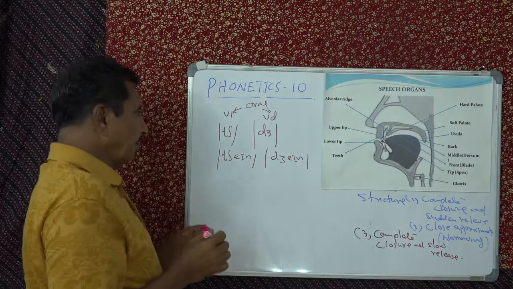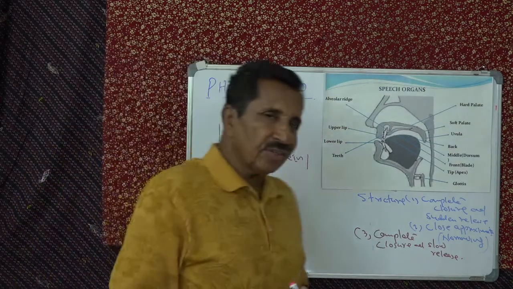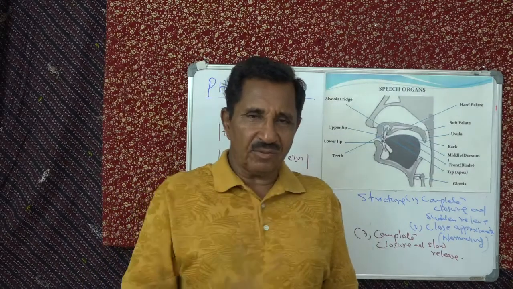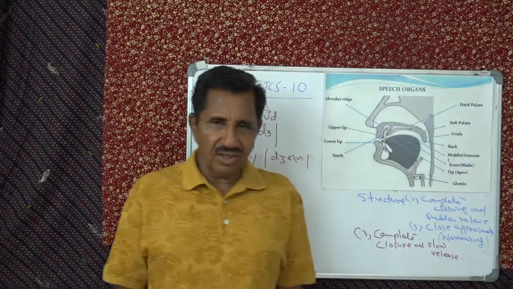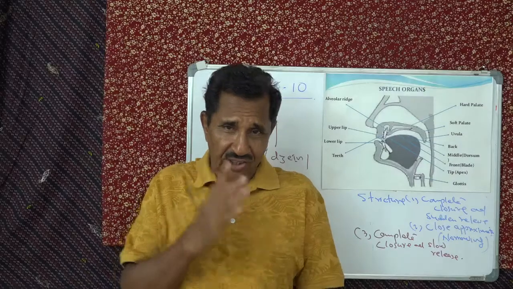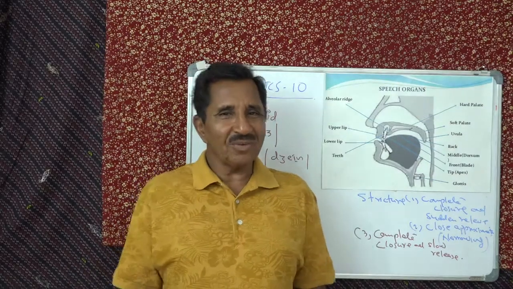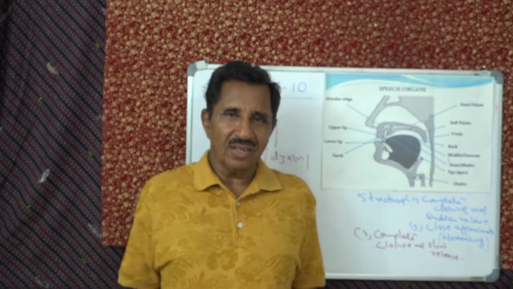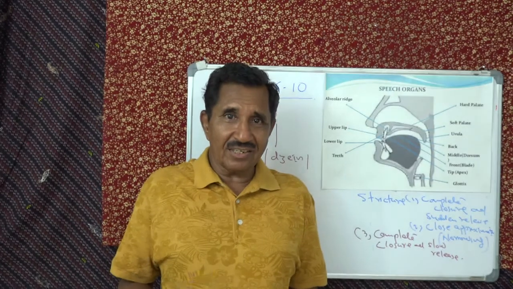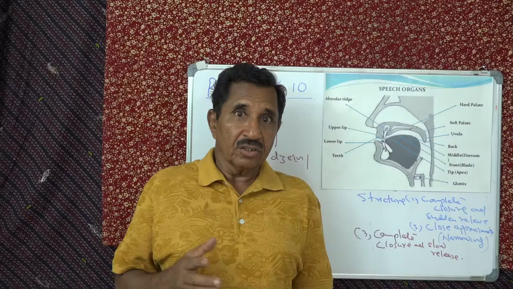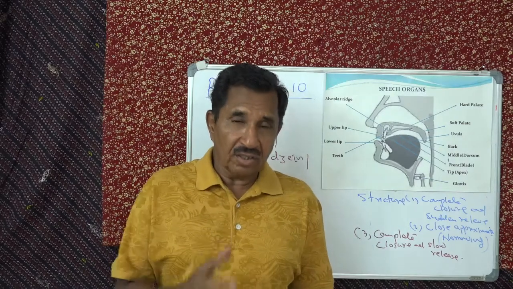Now let's see the sound that comes out, that railway engine sound. Isn't it? One is voiceless, the other is voiced. The voiced railway engine sound will be j, j, j, j, like that.